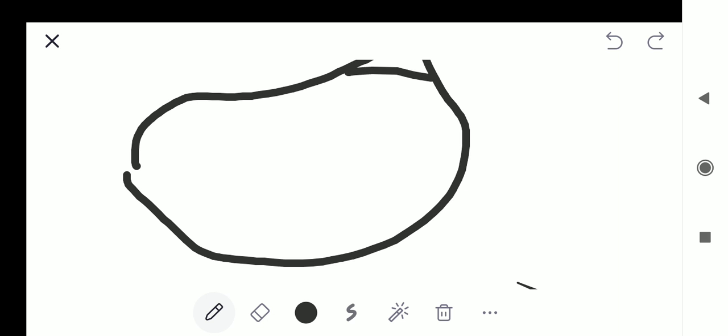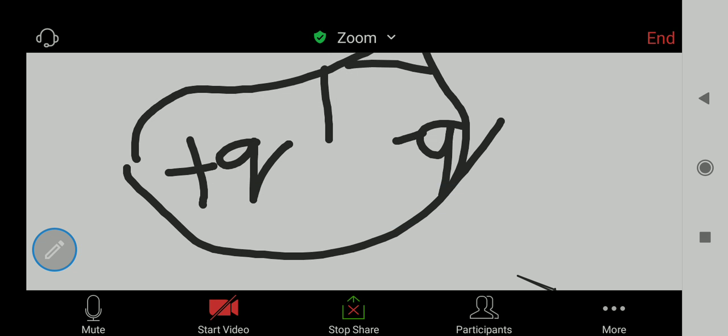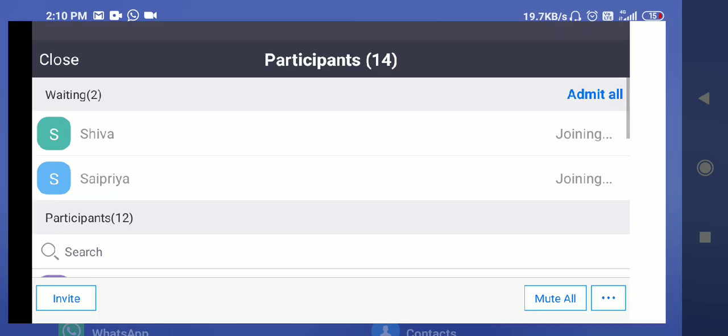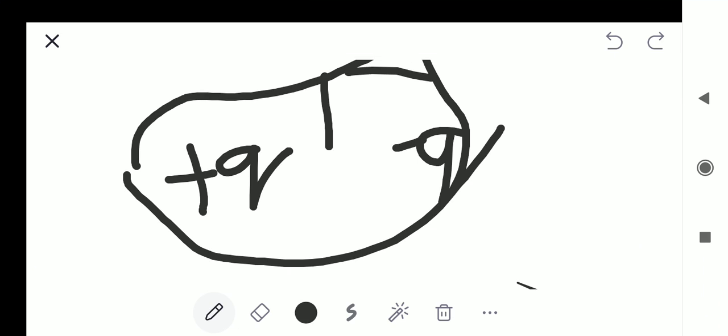In this field we assume two charges, one positive and one negative. These two charges are affected by a particular force.